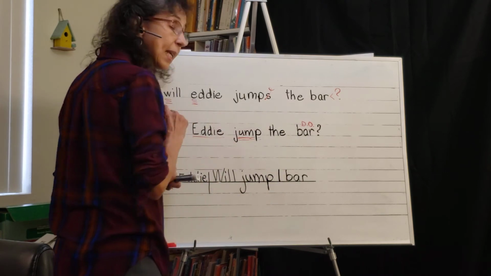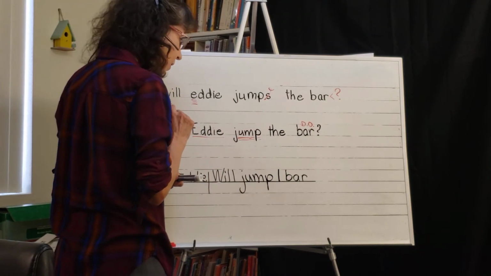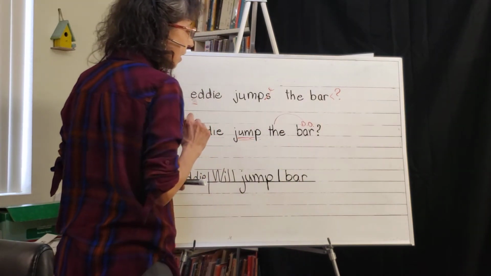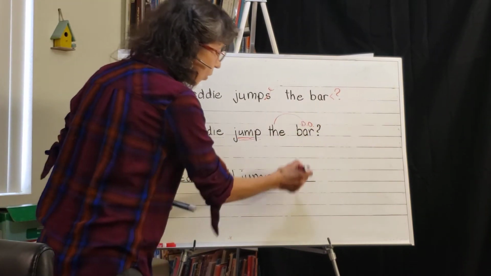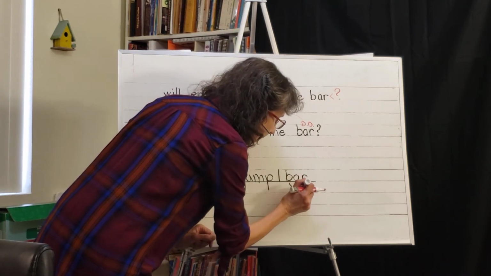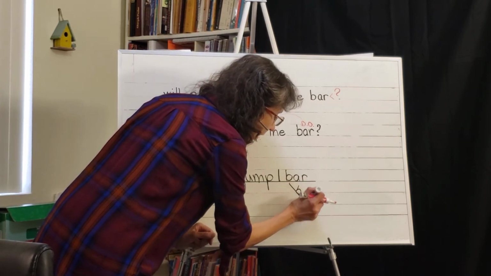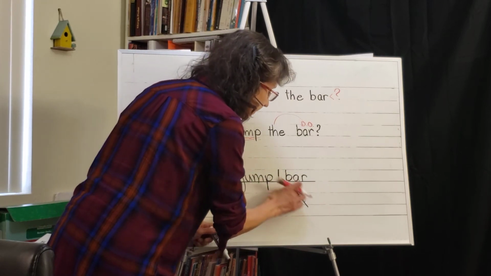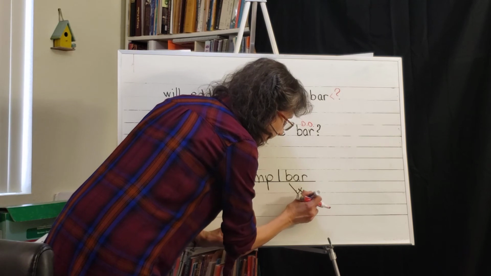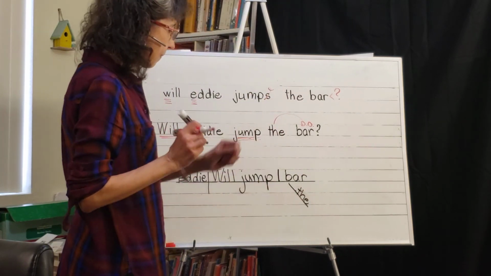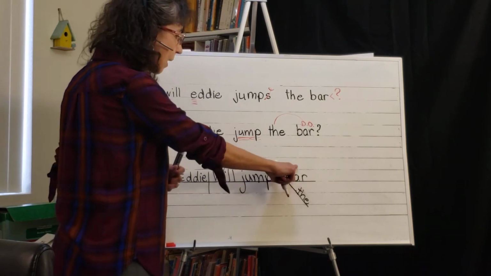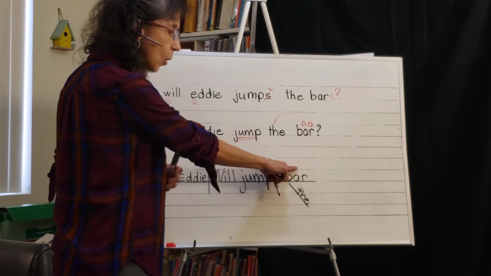Is it the Eddie? No, Mrs. Mayer. What is it? The bar. So therefore, we're going to go underneath here and put bar. Now we know that, oops, sorry. It's the word the, right? The article is the. Good. Now we know that adjectives are what modify a noun or a pronoun.